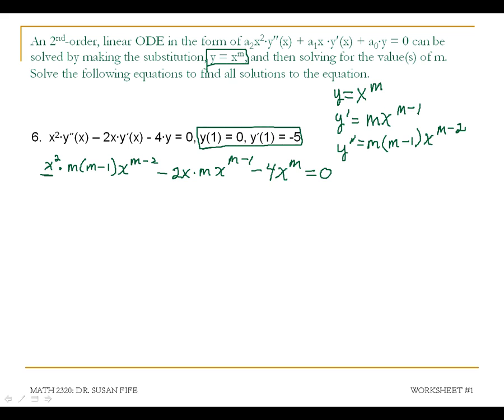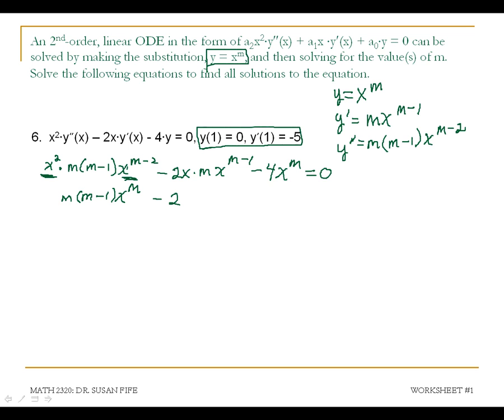Now, we want to take these powers of x's and combine them together. If I have x squared and multiply it by x to the m minus 2, we're actually adding the exponents, and this positive 2 and that negative 2 will cancel each other out. It'll leave me with x to the m. So it's going to leave me with m times m minus 1 times x to the m.